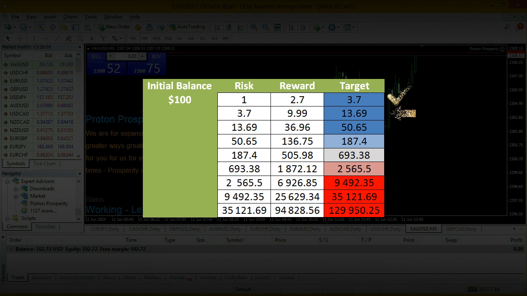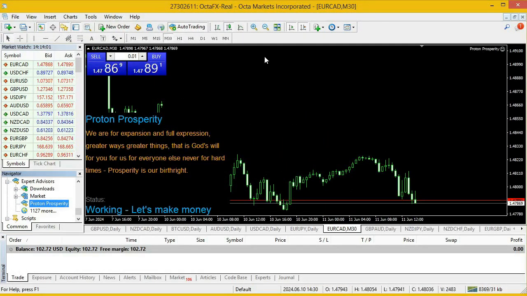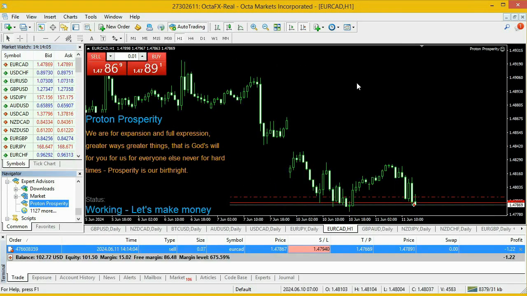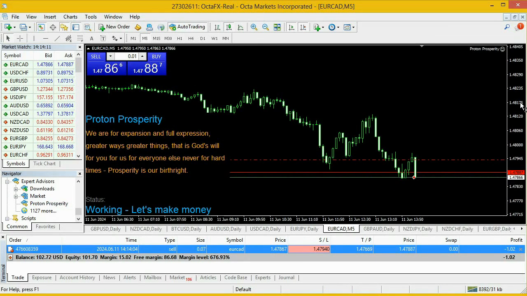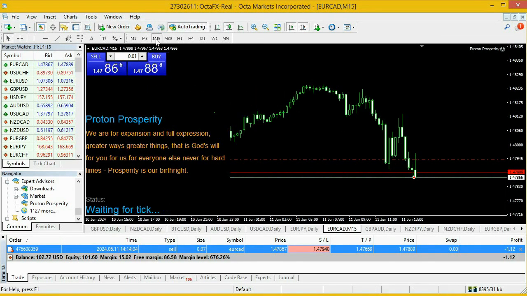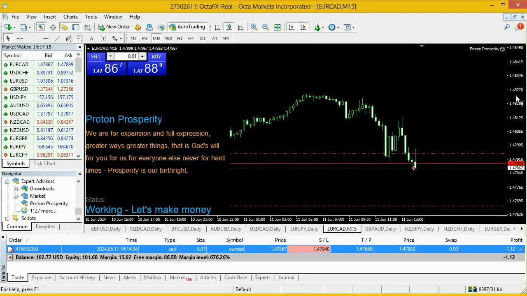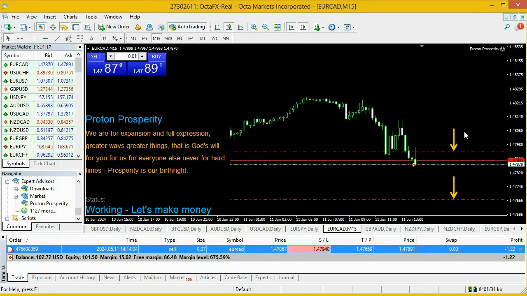Now let's see how we get here. This is the euro and Canadian dollar currency pair. Sell position executed. Our stop loss, and take profit.